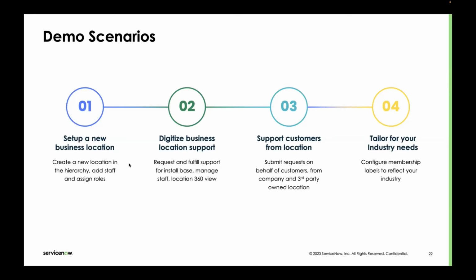I'll also showcase that. Last but not the least, I'll also show you how you verticalize this as per your business needs. Again, all by low-code configuration. You don't need to touch anything. You don't need to modify any of the security. It's all coming for free with the setup.